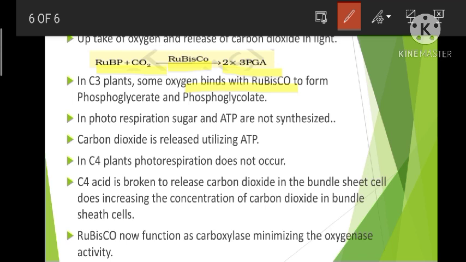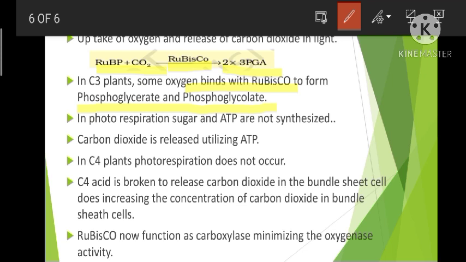But when the concentration of oxygen is more, when Rubisco acts as an oxygenase enzyme, then RuBP combines with oxygen instead of carbon dioxide. As a result, it forms 1 molecule of phosphoglycerate, which we can also call 3-phosphoglyceric acid, and 1 molecule of phosphoglycolate, instead of 2 molecules of 3-phosphoglyceric acid.